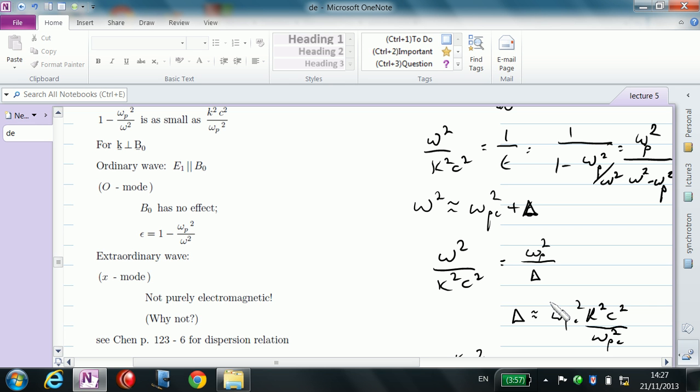Another way to say this is that when you have a plasma, the photon has a mass, meaning a minimum frequency. That's what a mass is in quantum mechanics. It's the minimum energy something can have even when k is zero, even when the momentum is zero, because E squared equals k squared plus m squared. When k is zero, E is equal to m.